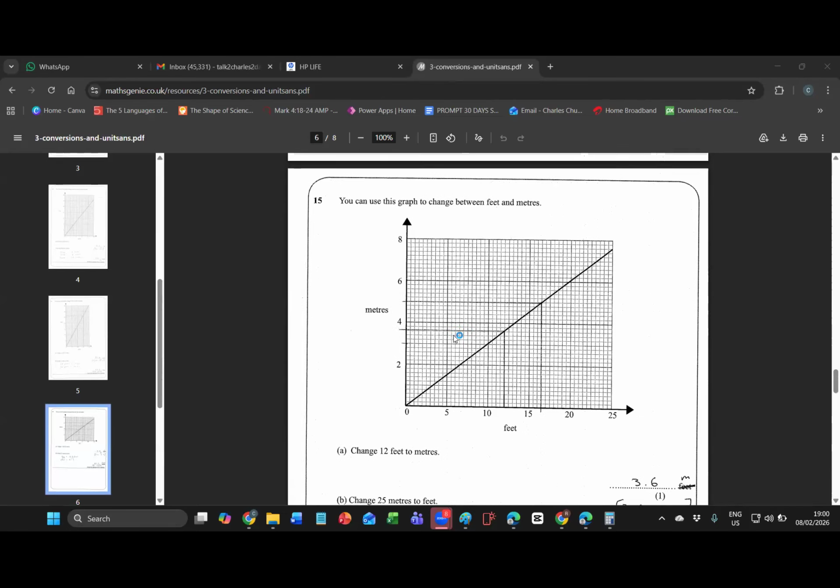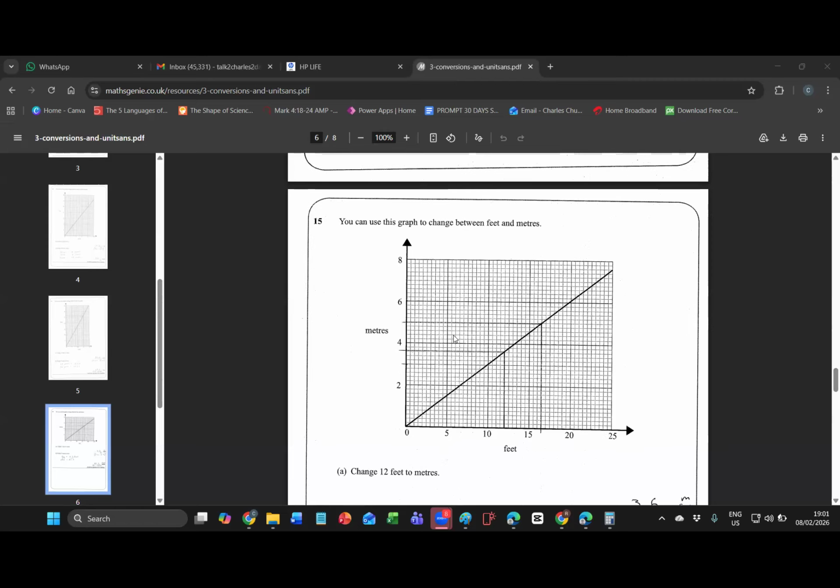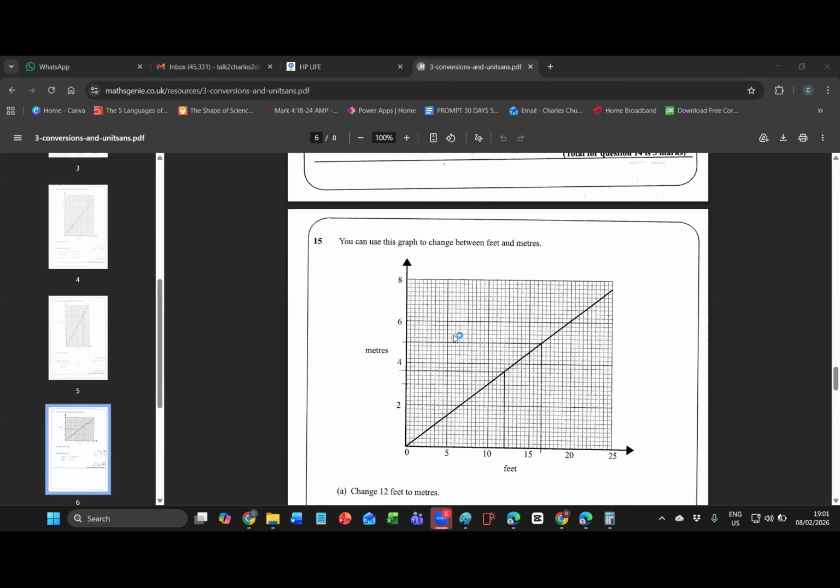Okay, all right, let's take a look at this one. 12 feet to meters. Now, for you to do this one, you need to understand the scale on the feet axis.